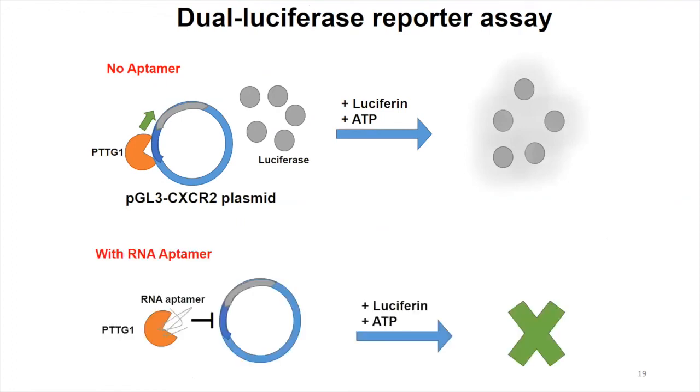So when the aptamer is present, the aptamer blocks the interaction between PTTG1 and the CXCR2 enhancer element on the plasmid. When this happens, the production of luciferase is suppressed. Therefore, the luminescence signal will also be reduced. So this is how we see whether our aptamer is able to block the interaction between CXCR2 and PTTG1.